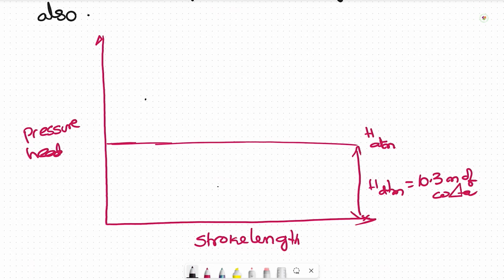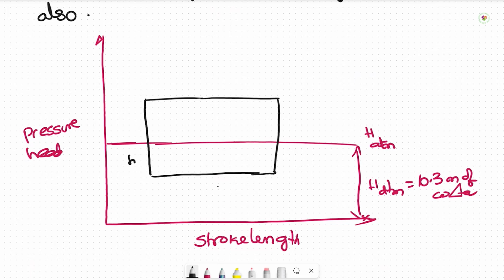The diagram is like this. It is HS, it is HD basically. Theta is equal to 0, theta is equal to 90, theta is equal to 180.